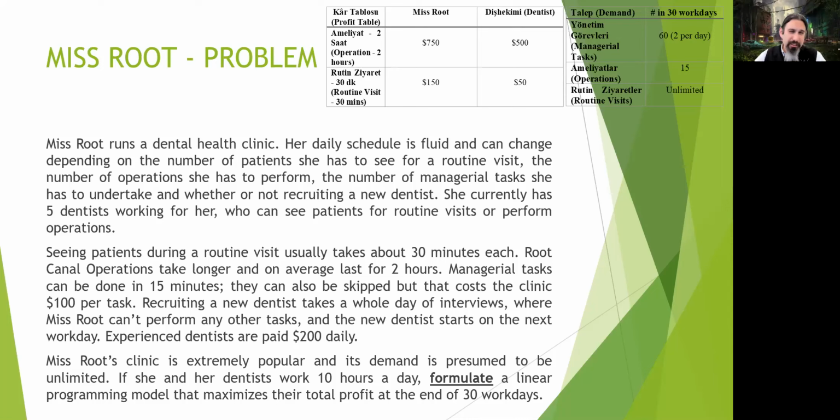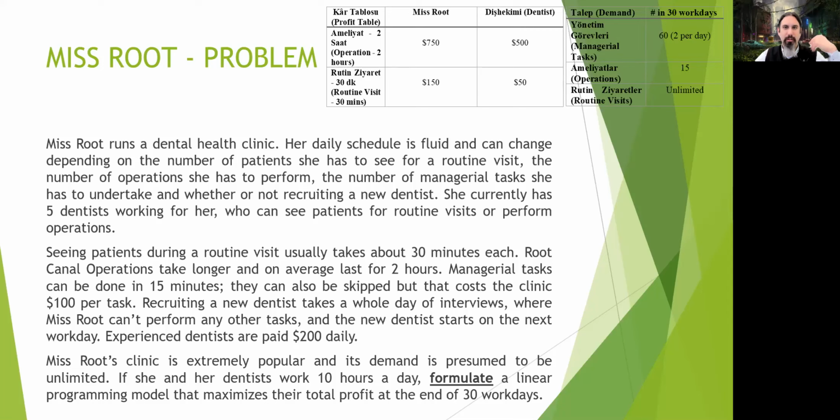But with operations, you have to find the operations because they will be in total 15 of them per day. So they are limited. Okay, you have to find the number of operations Miss Ruth performs and the number of operations the dentists perform in the day, because it will be limited. And we of course have managerial tasks, 2 per day, so you have to take care of them as well.